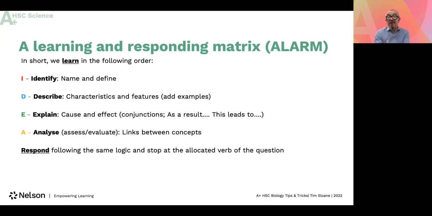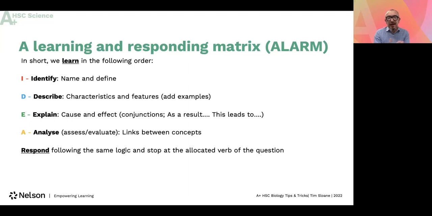And then the idea behind this idea is that you stop at the required level of the question. If it was a describe question, we identify, we describe, full stop, move on to the next question. If it was an explain, we move through that scaffolded approach up to the explain, and again, we move on to the next question. When we look at the mark allocation, it will give you a real indication of the amount of information required.